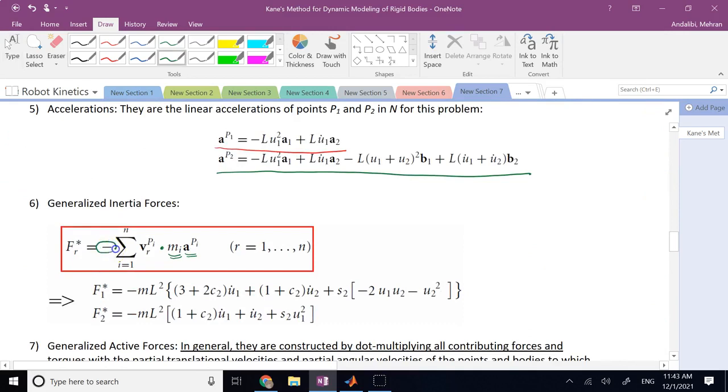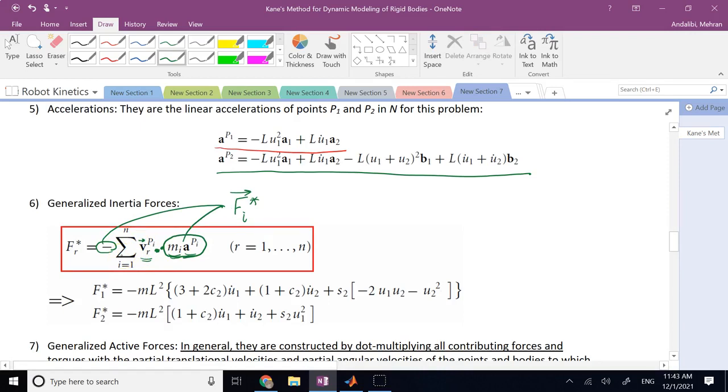This negative MI API, that whole thing, is your F star of I, the inertial force of particle I. You dot product that with the velocity of that particle and sum them all over all particles.